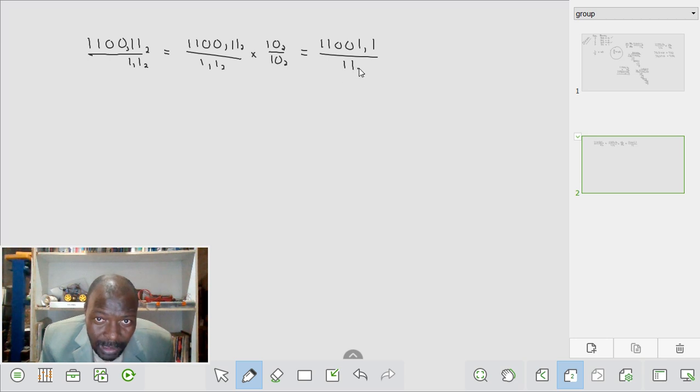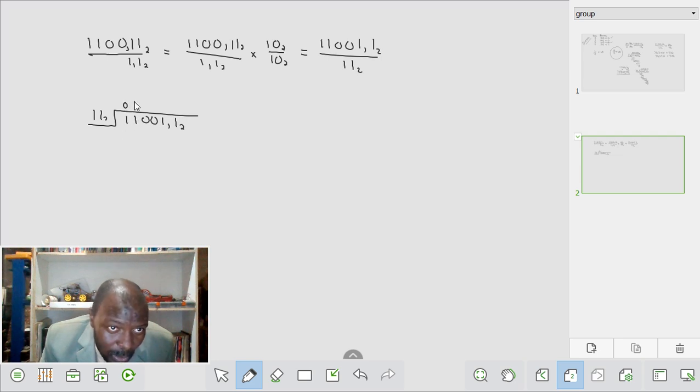So now we don't have commas in the denominator, not the quotient. The quotient is the final answer. So we're going to say 1 1 into 1 1 0 0 1 comma 1. We go to the next one, they are the same, so it's 1 times that, it's 1 1, we subtract, and that is a 0.